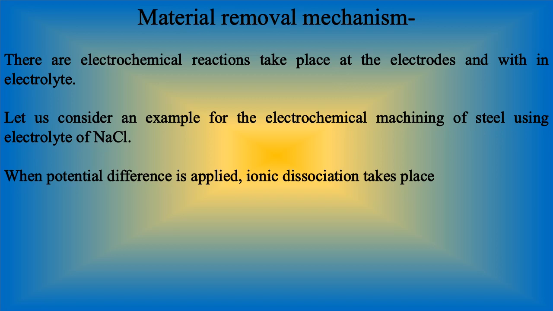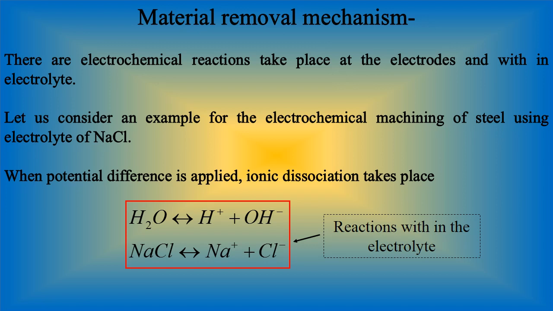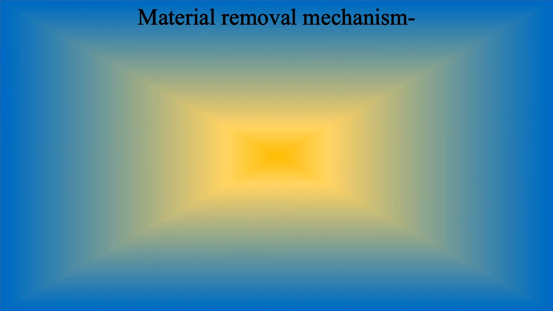When the potential difference is applied, ionic dissociation takes place. So H2O dissociates into hydrogen ion and hydroxide ion. Sodium chloride gets dissociated into sodium ion and chloride ion.